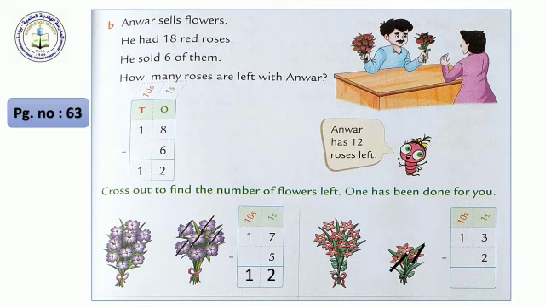So in the ones place, 3 minus 2 is equal to 1. We have to write 1. And still another 1 ten bunch is left with us. So 1 ten minus nothing is 1. So here 13 minus 2 is equal to 11.